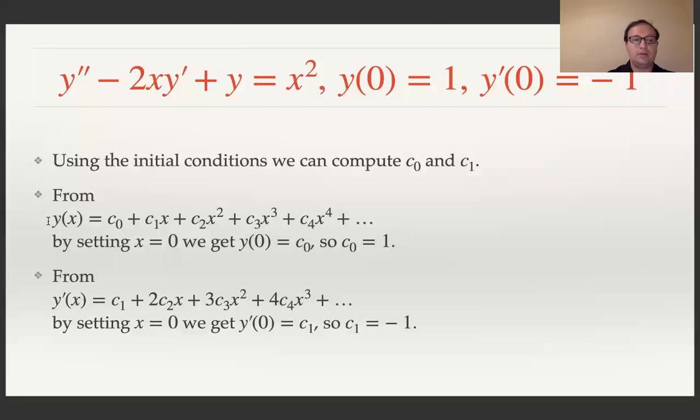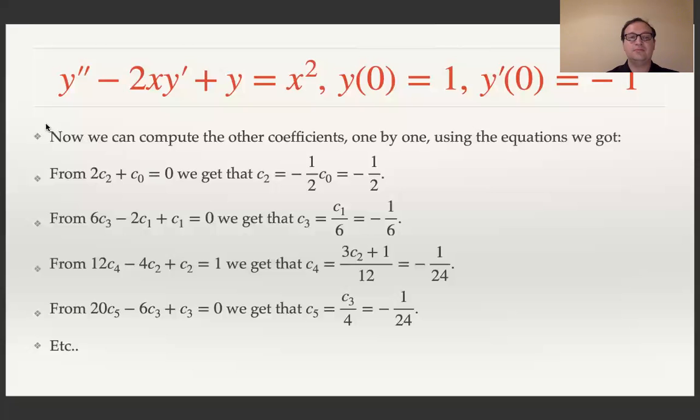All right, so now, knowing the first two coefficients, C0 and C1, it turns out we can compute all the other coefficients one by one using the equations we had on a previous page. All the other coefficients depend on C0 and C1.